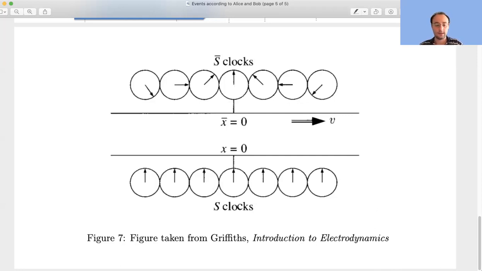There are several things that you can see from here. Right, so t prime equals minus gamma v over c squared times x. What's shown here is time t prime of events that happen at various locations in the unprimed frame at t equals 0. So for example, at x equals 5, t equals 0, there's some event, right, a firecracker exploding.